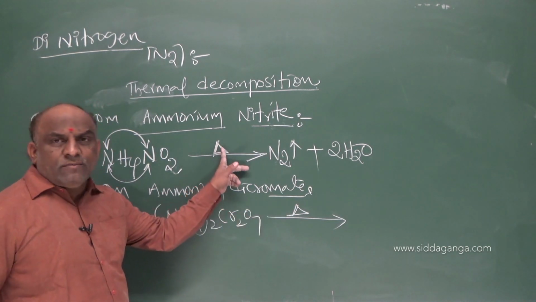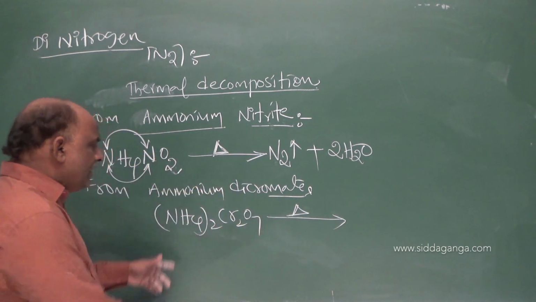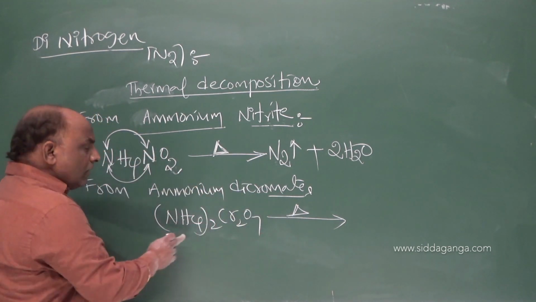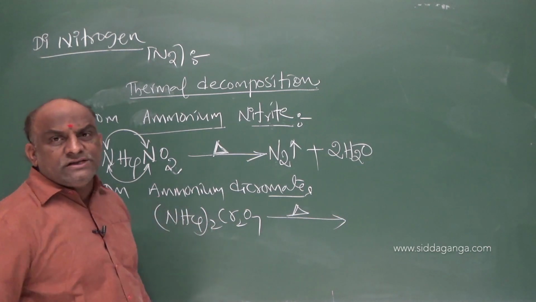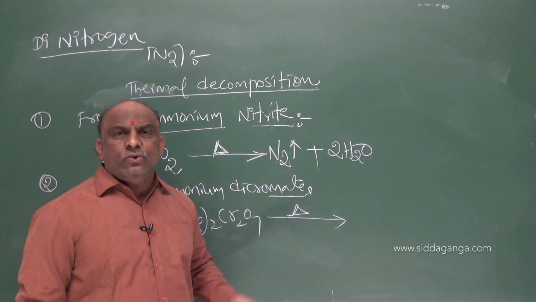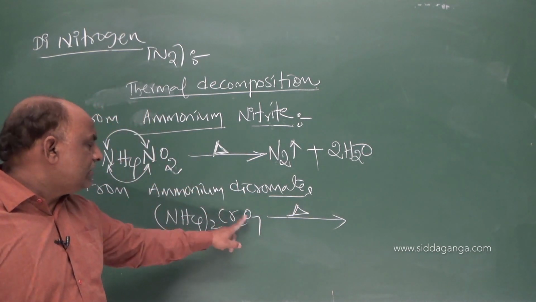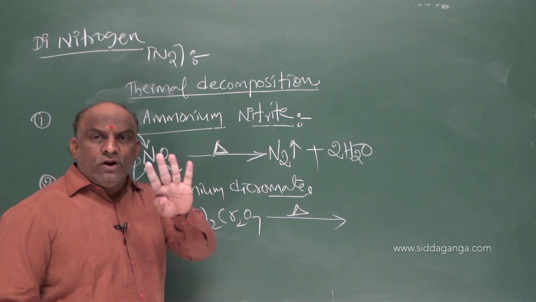Thermal decomposition means removal of water. How many hydrogens are there in this formula? In total, 2 times 4 is 8 hydrogens, and 7 oxygens. 2 hydrogens require 1 oxygen, so 8 hydrogens require 4 oxygens.